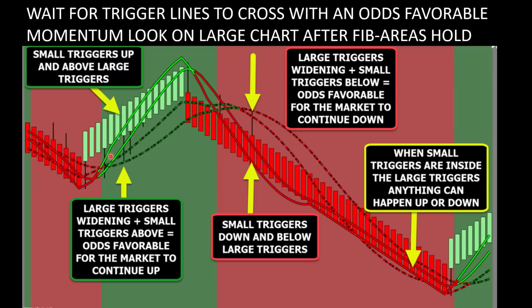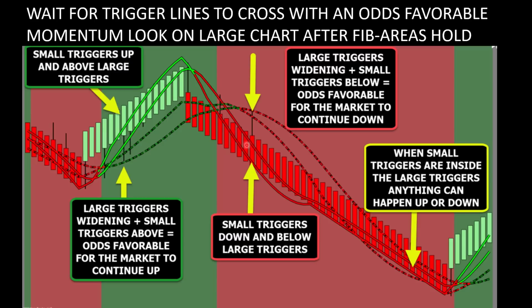What we're talking about is our small triggers are going to be crossed up in green, and they're going to physically be above the large triggers, which are crossed up in green, that are wide or widening. And this is going to give us the odds favorable trigger line look and momentum that we need to do very profitable, very high probability trend trades.